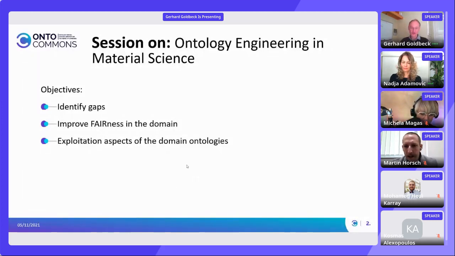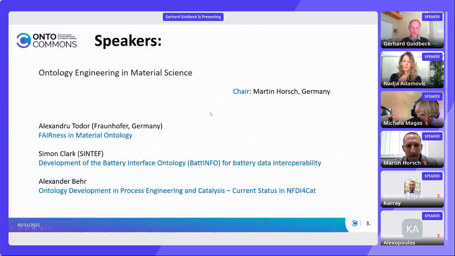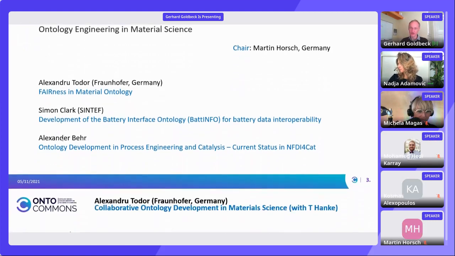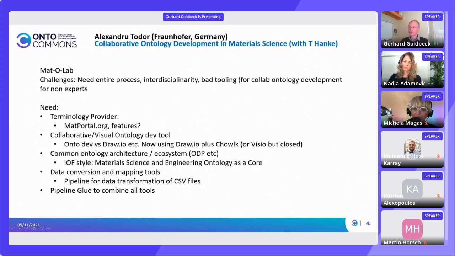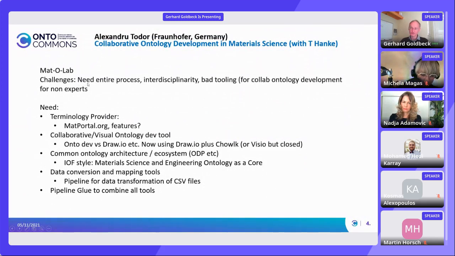I attended the session that was chaired by Martin Horsch, and as we can see here, we had 3 speakers that develop material science ontologies in different institutions, different projects, different contexts, and also the tools around them. And so this was really a very, very useful session from that perspective as well, to see the experiences.